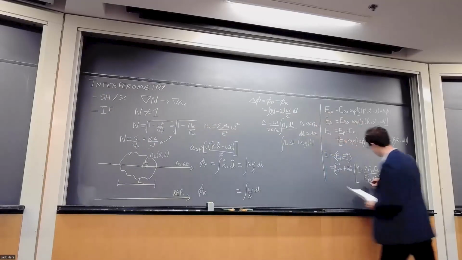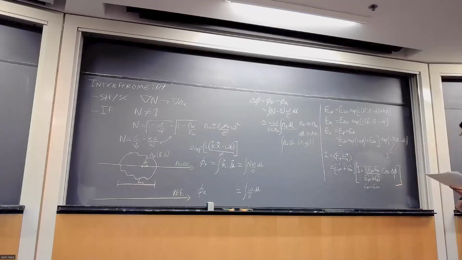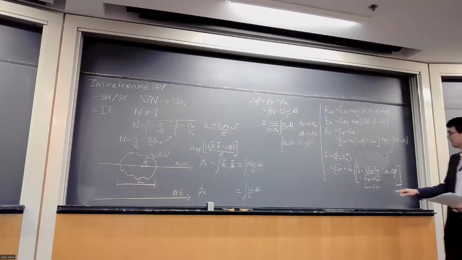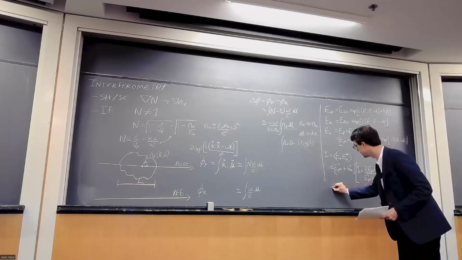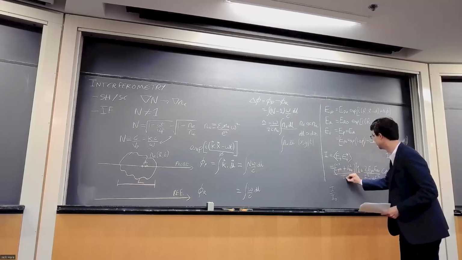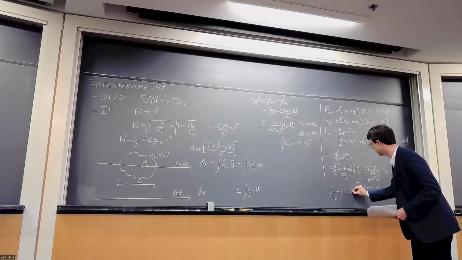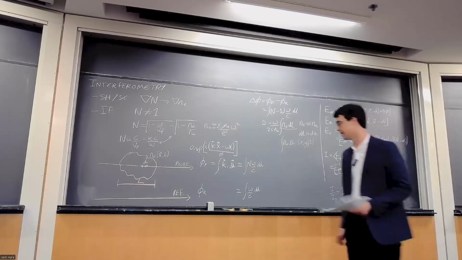So if I set this equal to this, then I will maximize this. And then, in fact, I can write this as I over I0, identifying this as I0 here. And this will be equal to 1 plus the cosine of delta phi, like that.